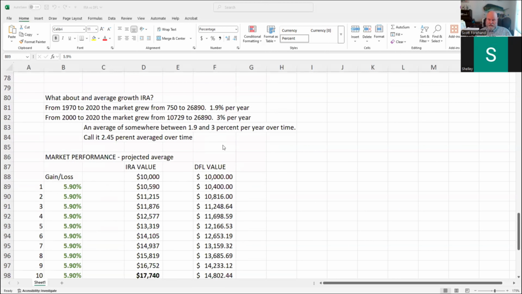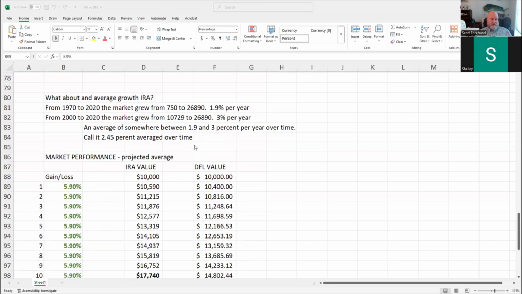Couple things here. 1970 to 2020, there's that 50-year run. The market, S&P, went from 750 to 26,890. The average return for that 50 years is 1.9%. That's the math, folks.